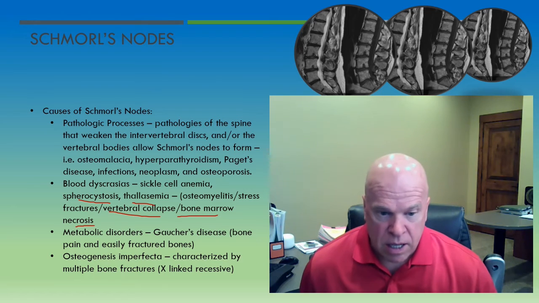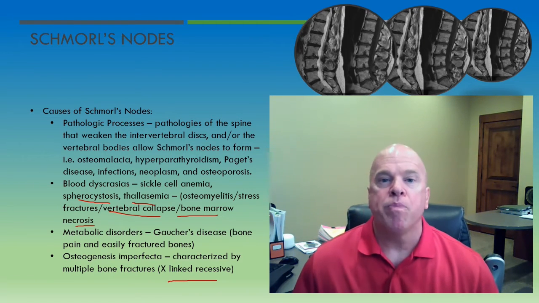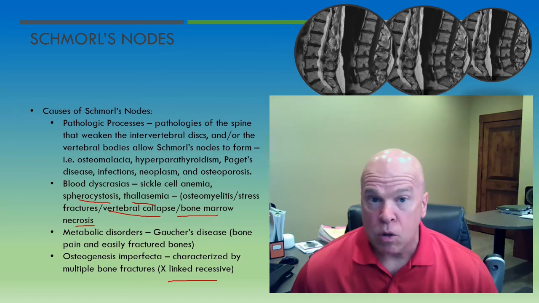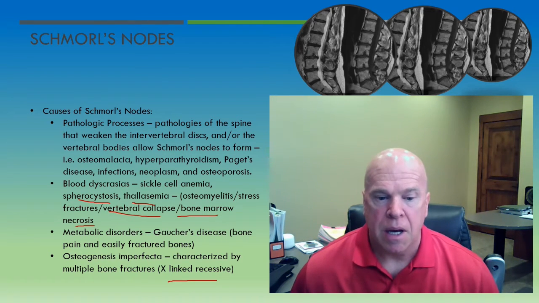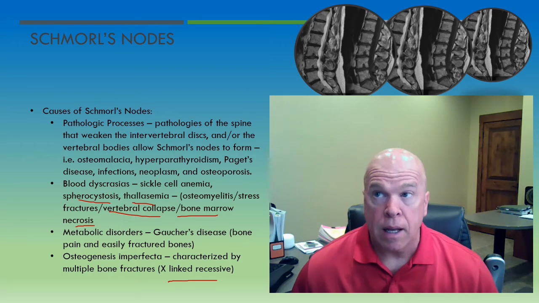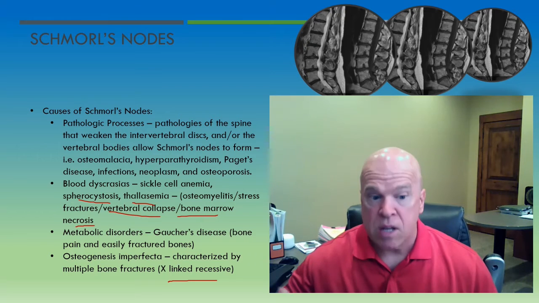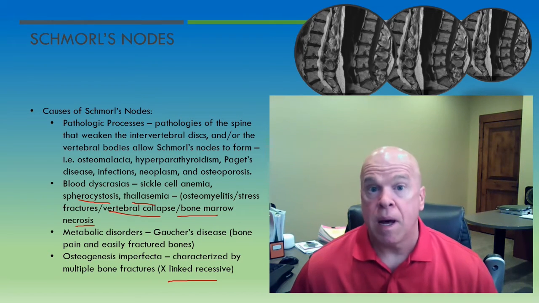It's an X-linked recessive disorder, meaning it's carried on the X chromosome. So it's a recessive trait. So males who have only one X chromosome can be carriers, and when they carry the dominant form of the gene, they express this imperfect development of the bones of the body.